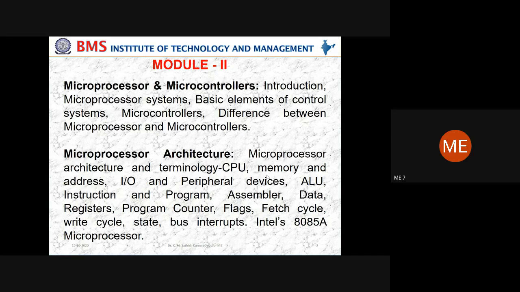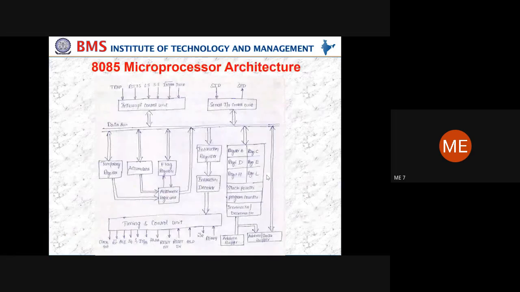In the microprocessor architecture, we are going to discuss individual terminologies like CPU, memory, address, input-output devices, arithmetic logic unit, what are instructions and program, what do you mean by assembler, what do you mean by data, what are registers, PC (program counter), flag, fetch cycle, write cycle, state, bus, interrupts, something like this. So these are all the things that we are going to discuss.